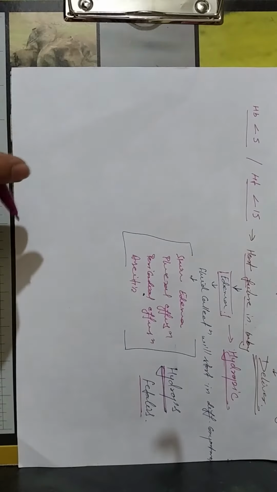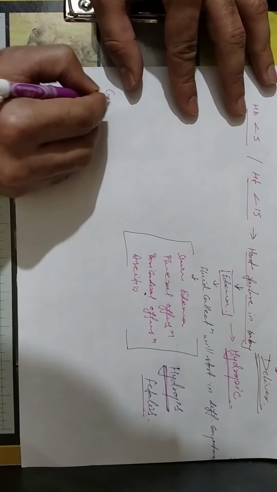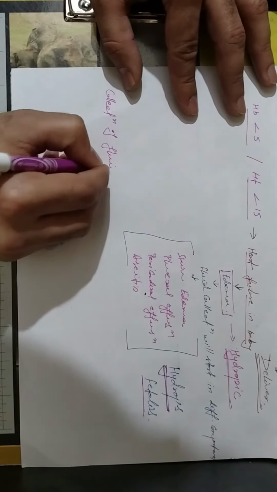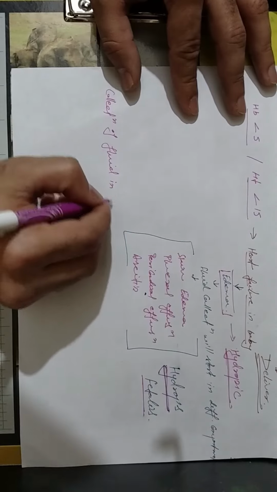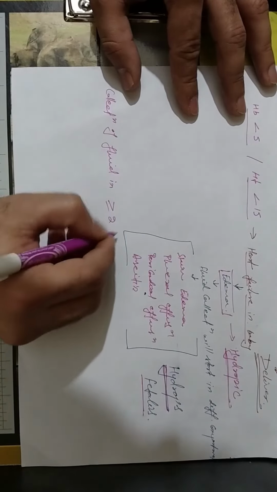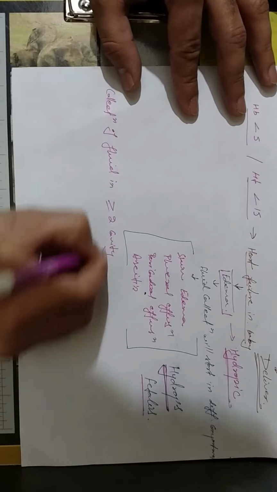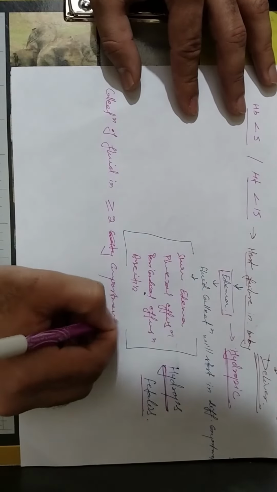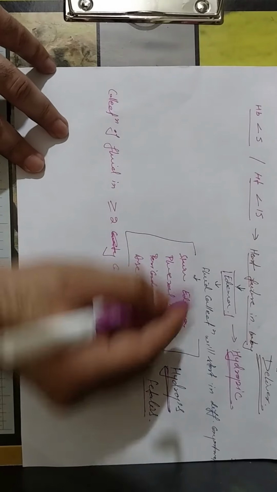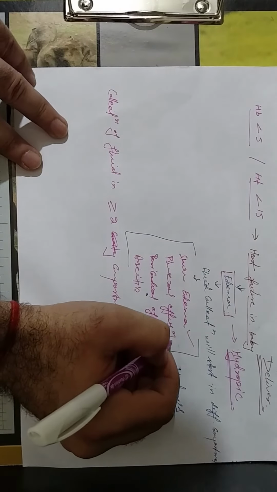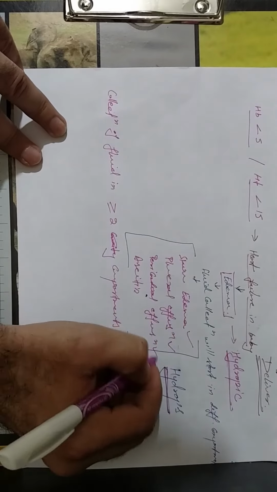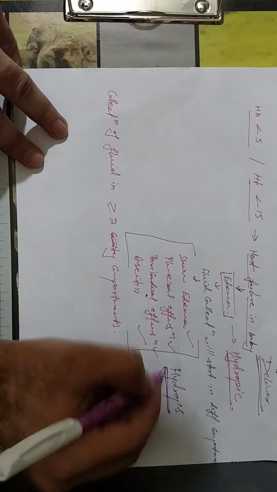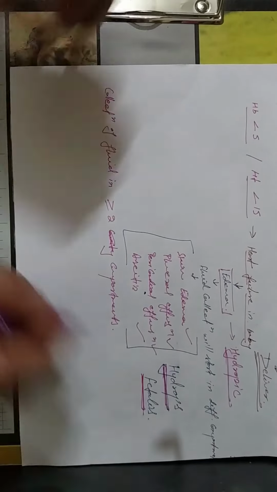The definition of hydrops fetalis is collection of fluid in more than or equal to two compartments. What are the compartments? It can be skin, lungs, heart, or abdomen. So this is what we call hydrops fetalis.